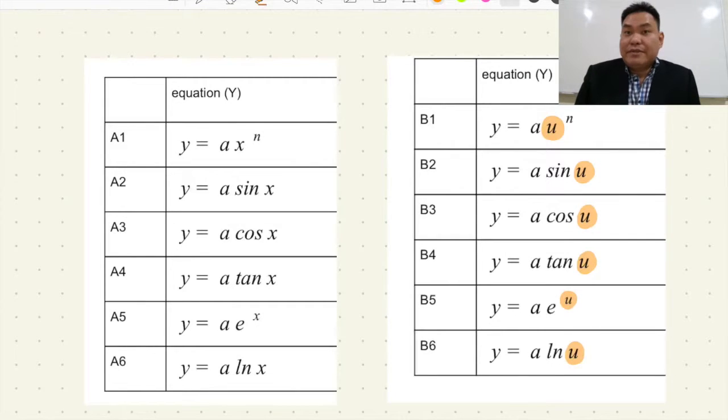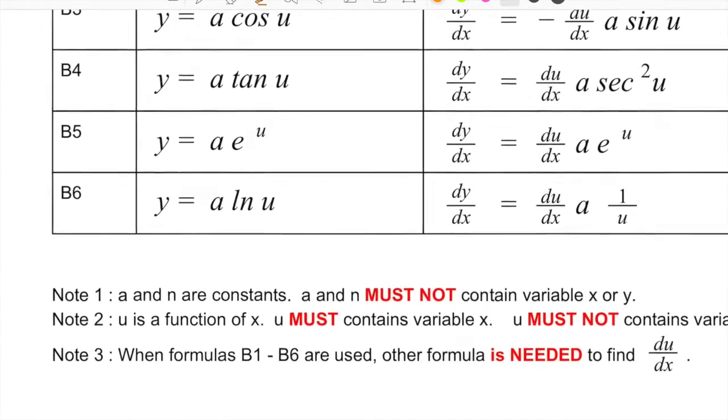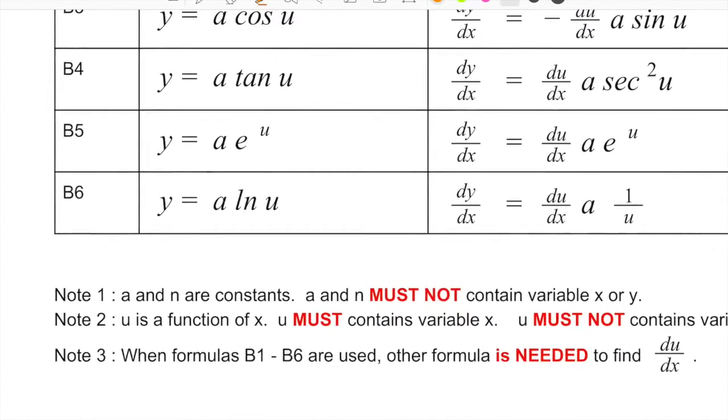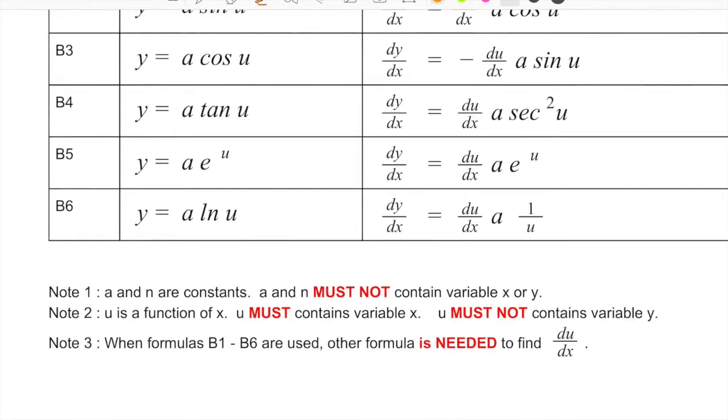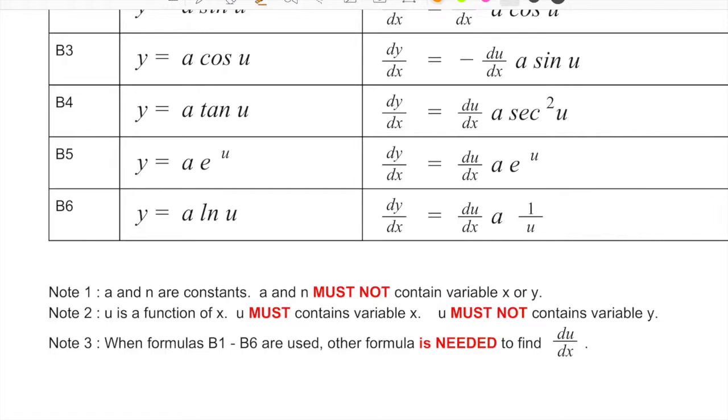It's not a variable, it's a function. It must contain x. If you look at note number 2, U is a function of x. U must contain variable x, where A and N, according to note number 1, must not contain variable x and y.